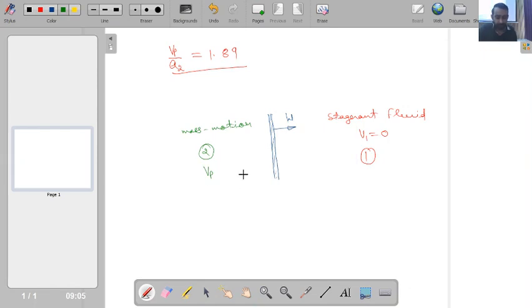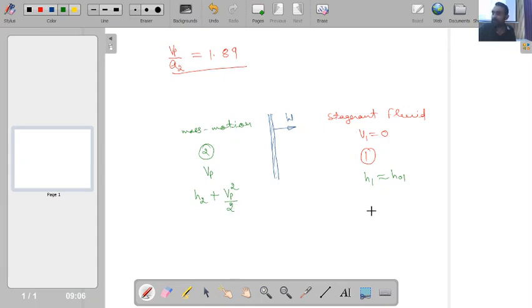Okay. So one important point is that if you see the enthalpy of this particular region which is having stagnant fluid, that will be equal to H1, and as its velocity is 0, this H1 will be equal to its stagnation enthalpy H01 also. On the contrary, here the enthalpy is say H2, and then we will have some mass motion also, so total enthalpy will become H2 plus Vp square by 2.